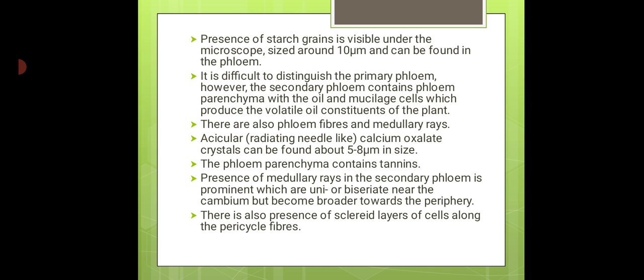The phloem parenchyma contains tannins. Presence of medullary rays in the secondary phloem is prominent, which are uni- or biseriate near the cambium but become broader towards the periphery. There is also presence of sclereid layers of cells along the pericycle fibers.